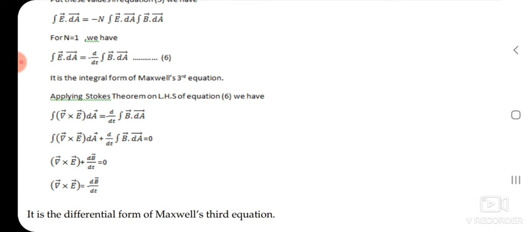Integration of del cross E plus dou B by dou t, dot dA, is equal to 0. The bracket value must be equal to 0.